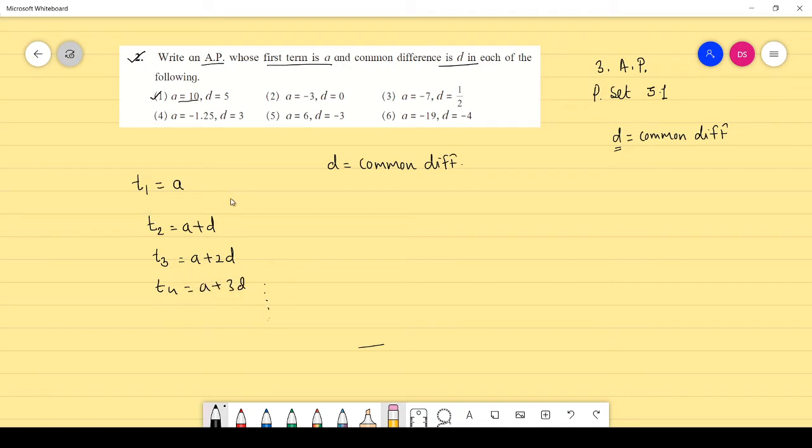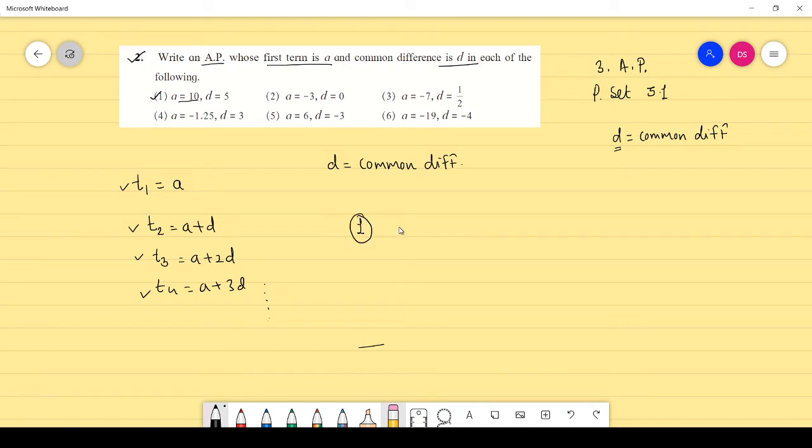For every AP, I am going to mention only the first, second, third, and fourth terms. So this is a common formula for every problem. Now let's take the first problem.